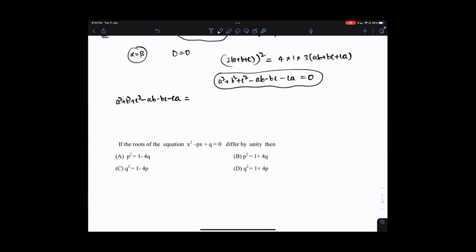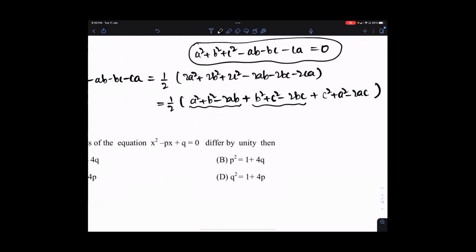If you multiply by half, it is 2a square plus 2b square plus 2c square minus 2ab minus 2bc minus 2ca, which you can write as (a square minus 2ab plus b square) plus (b square minus 2bc plus c square) plus (c square minus 2ac plus a square).